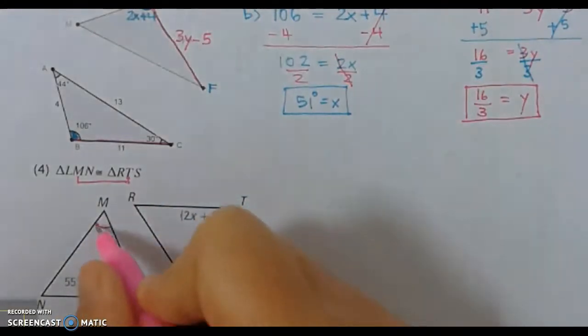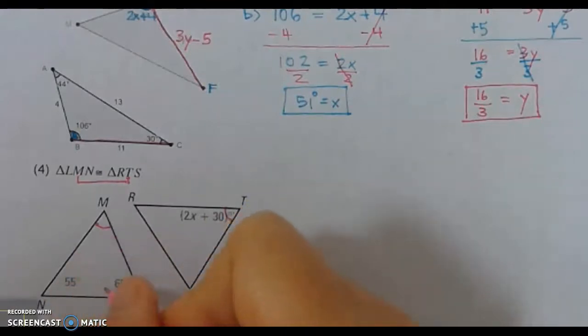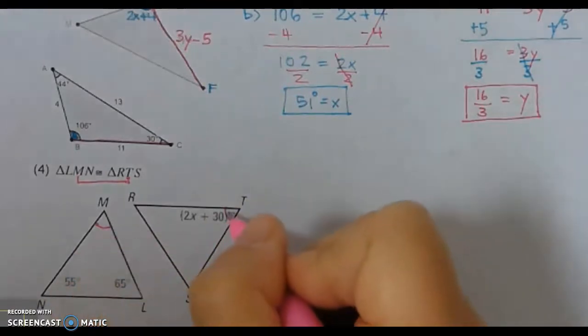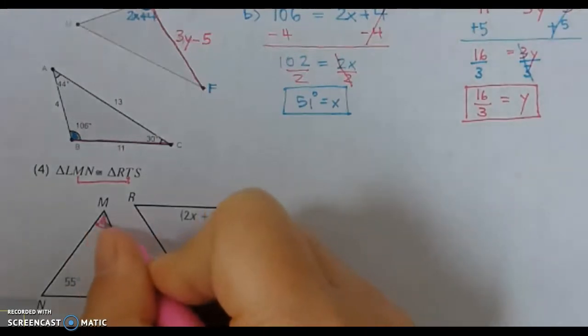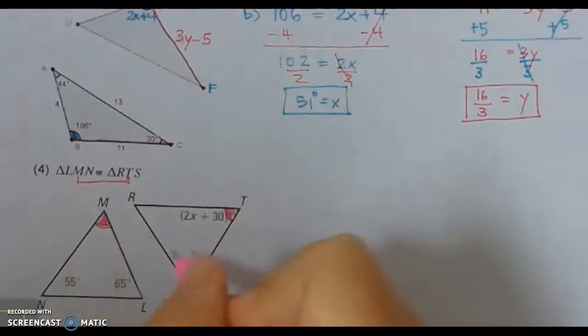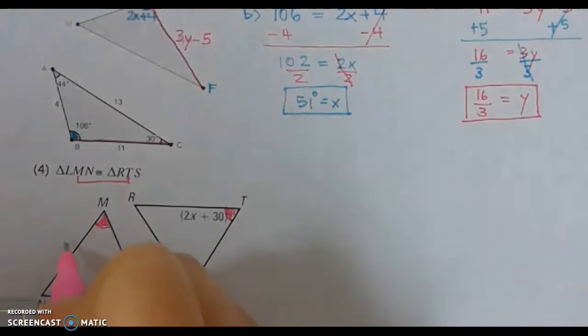Alright, but we don't know what angle M is. Well, at least we're not told directly, but can we figure it out? Well, I know that I am given two different angles of this triangle. That means, can we figure out what this angle is? Yes, because I can use triangle angle sum.